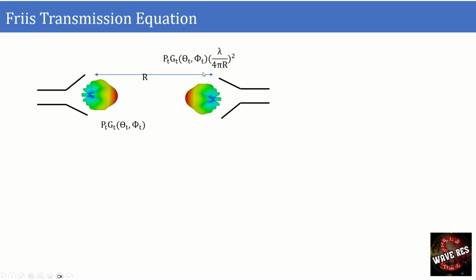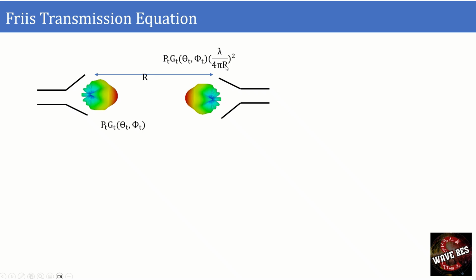When it is transmitted, it has to travel a distance of r, and when it travels this distance, there will be some power loss. This power loss is indicated by the factor (λ/4πr)².